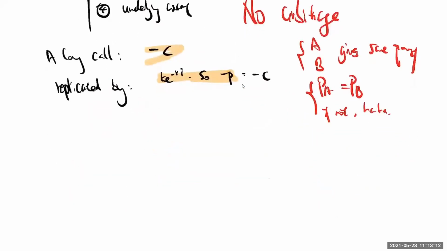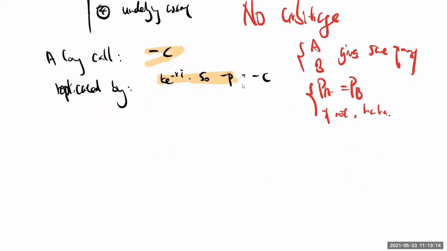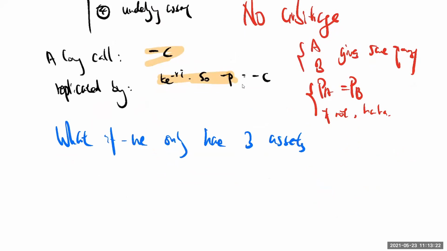So we can either have, let's say, just a call option. We don't have a put option to observe.